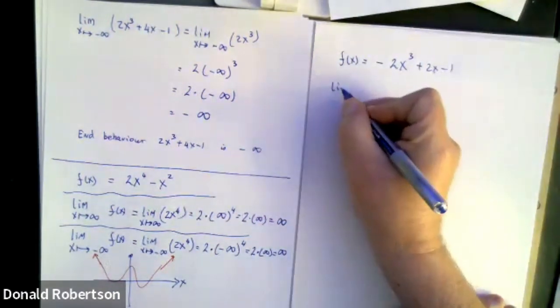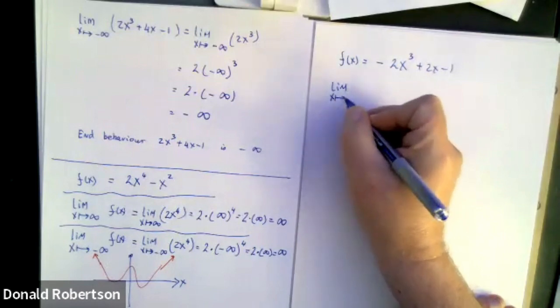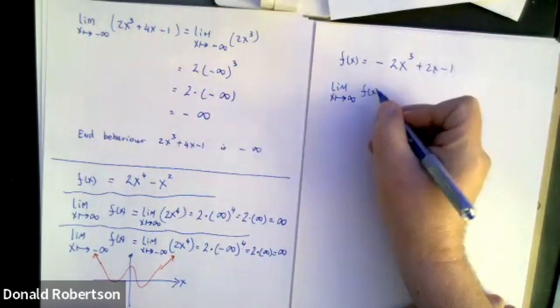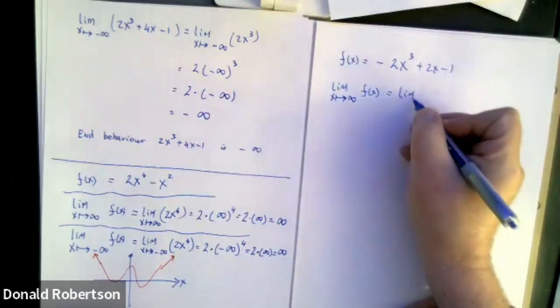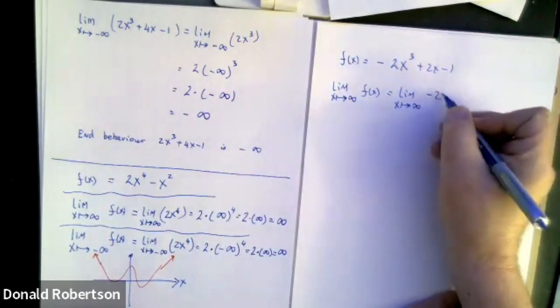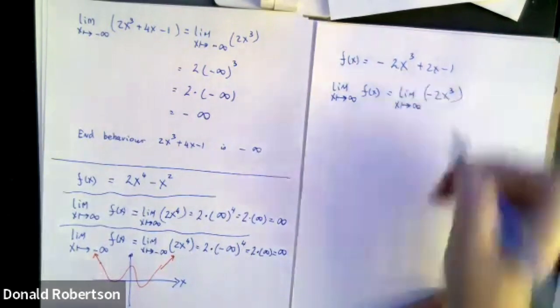So I'm going to do the extreme. The limit as x tends to infinity of this function. And I know that we can simplify the problem to finding what that guy is equal to.